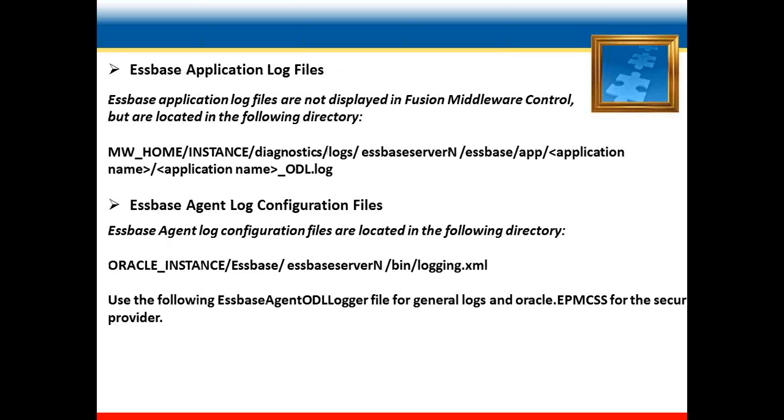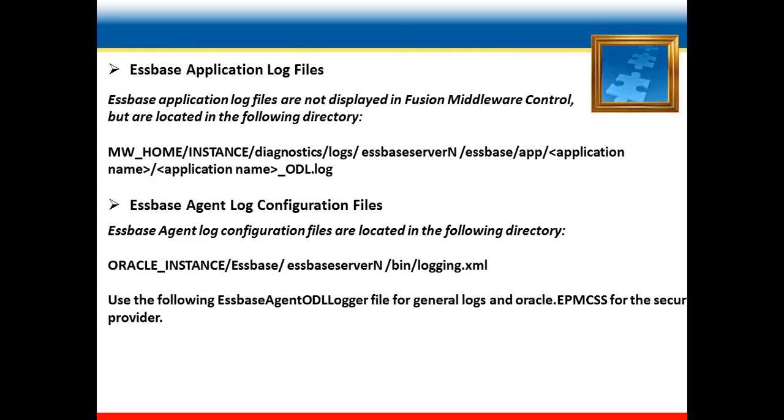Essbase application log files are not displayed in Fusion Middleware Control. We can check this directly over here, under Middleware Home, instances, diagnostics, logs, Essbase Server, Essbase App, application, and then the application name. So we can check these Essbase application log files in this location.